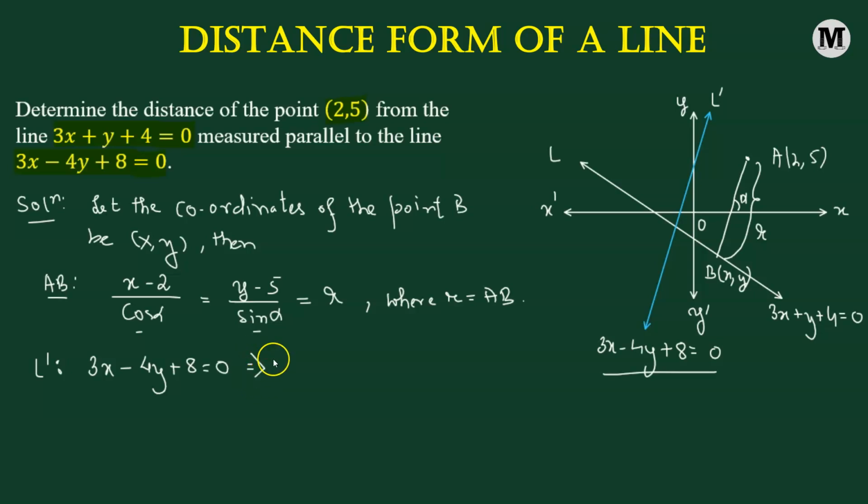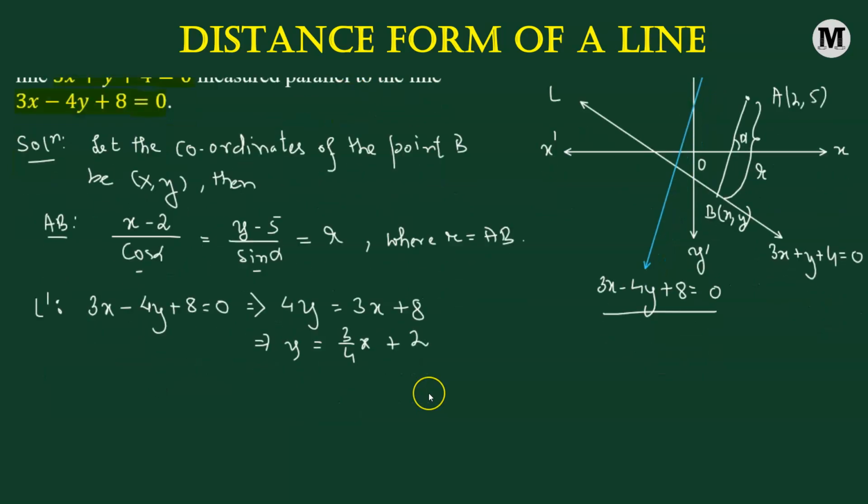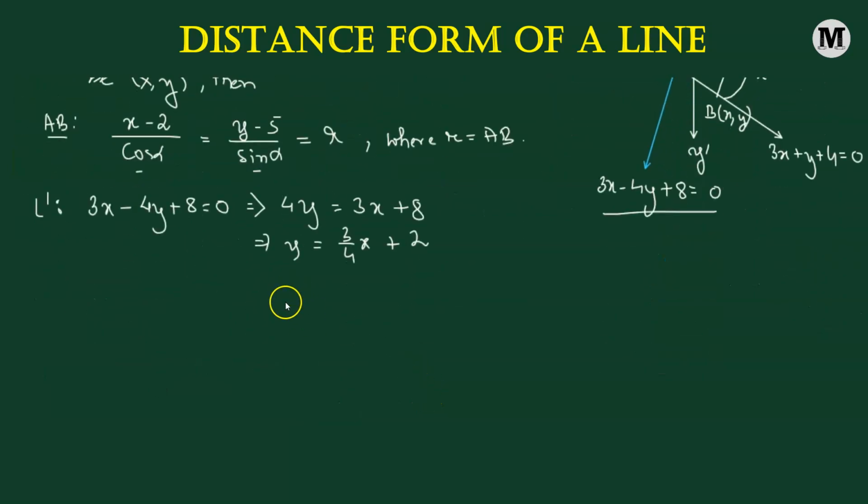Rearranging the terms, 4y = 3x + 8, so y = (3/4)x + 2. Comparing this with the slope-intercept form of a line, the slope of the line L prime comes out to be 3/4. Since the slope of L prime is the same as the slope of AB, the slope of the line segment AB is also 3/4.